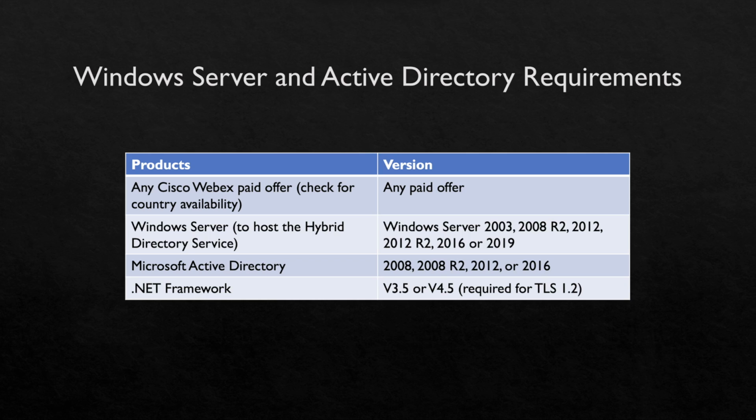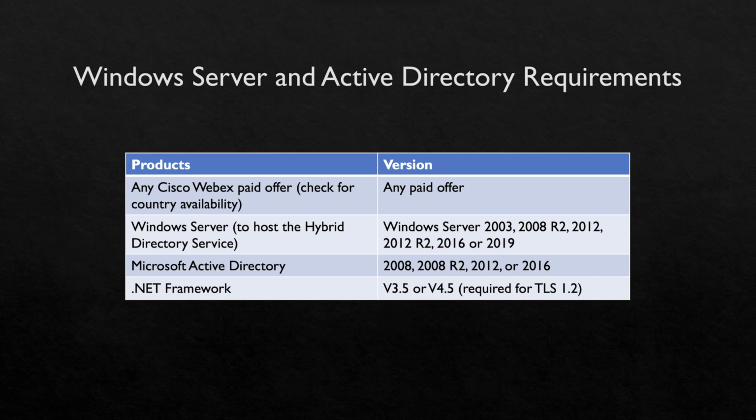Microsoft Active Directory acts as the system of record. So Directory Connector communicates with Active Directory, then communicates with Cisco Webex through highly secure APIs in order to create, update, or delete users.